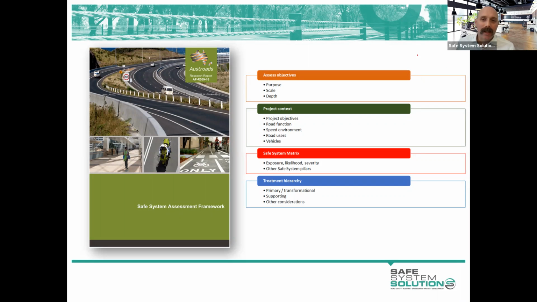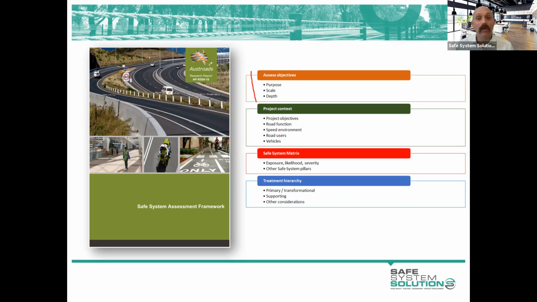The first thing I want to say about the assessment framework itself is that it is very scalable. It is very versatile. And you can see here the subheadings of this document. The objective of the assessment is the scope, the scale, what you're doing.